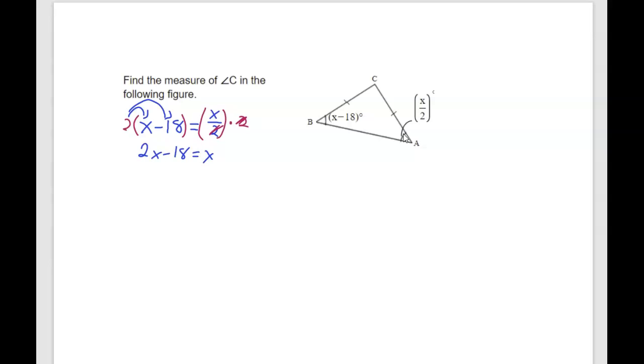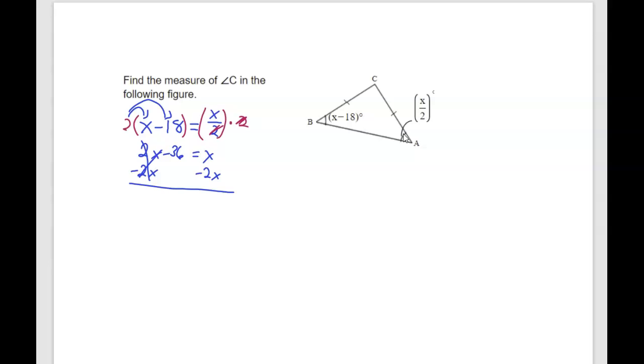I have x's on both sides, so I'll subtract a 2x from both sides. That way these cancel out. This will leave me with a negative 18. Wait a minute. Hang on. See, I screwed up. 2 times an 18 will actually give me a 36.